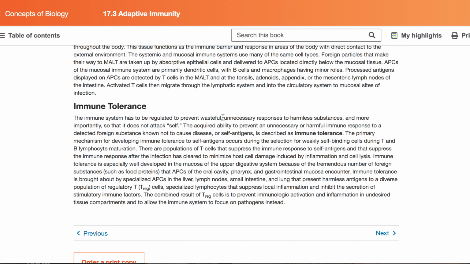If it's not, you might think the more of these cells, the better, but actually, to a certain extent, they can have the possibility of attacking things in your body that you don't want attacked. And we will talk about that. So this amazing system that you have does need to be kept in check, and in the next section of the chapter, we'll talk about that.